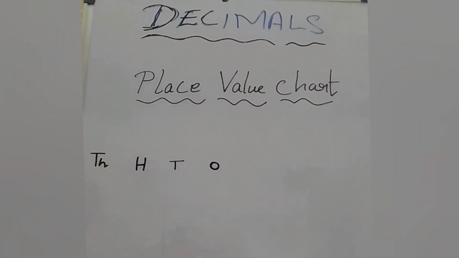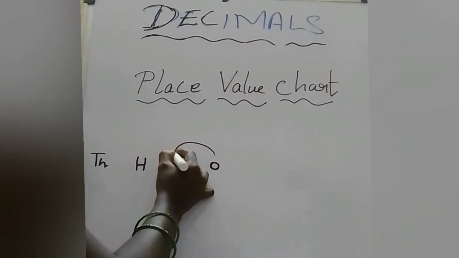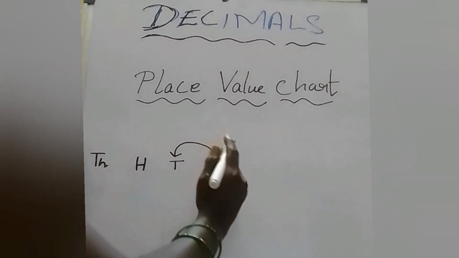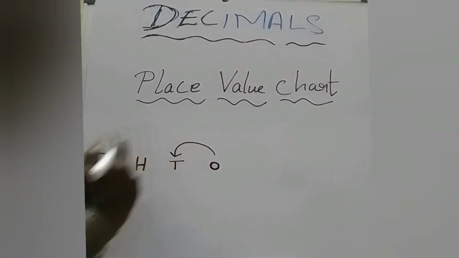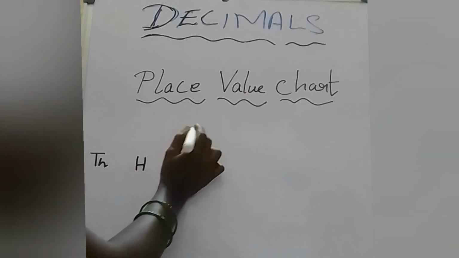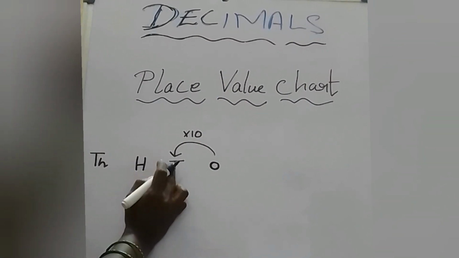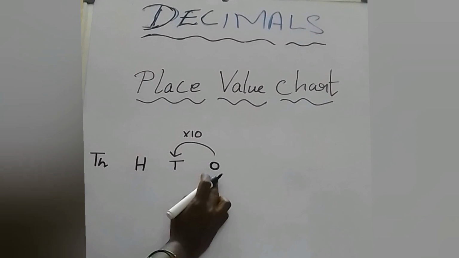Now I just want to tell one very important thing. From the ones place, if you move to the tens place, moving from right to left, we have to multiply by 10. It is 10 times greater. The tens place is 10 times greater than the ones place.